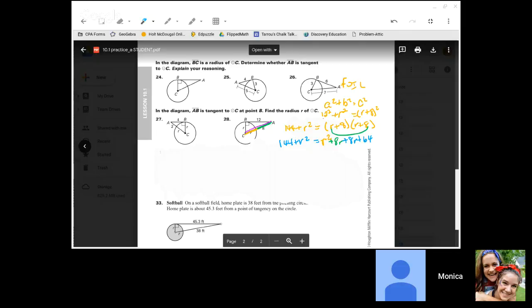And then for 25 and 26, you're going to have to actually kind of work those out. Okay, don't forget to explain on 24. And then 25 and 26, when you work those out, that's how you're explaining.